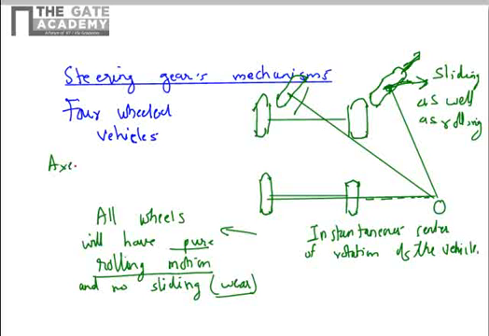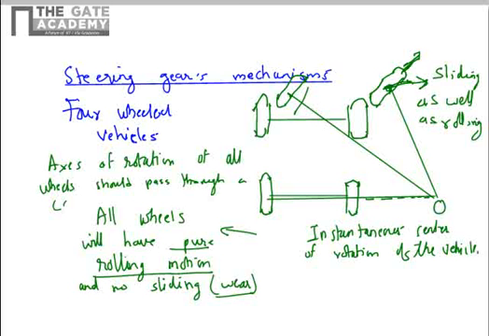So the condition is the axis of rotation of all wheels should pass through a common point, that is called the instantaneous center of rotation.